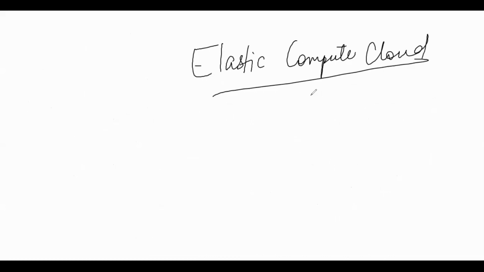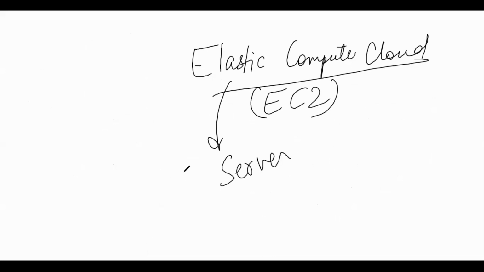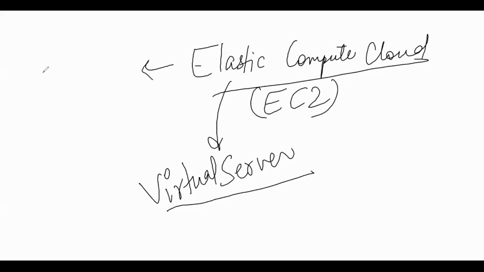So now let us discuss our first topic, that is EC2, Elastic Compute Cloud. In short form, we can say EC2. This is nothing but your server. What kind of server? Virtual server. In Microsoft Azure, we name it as virtual machine.